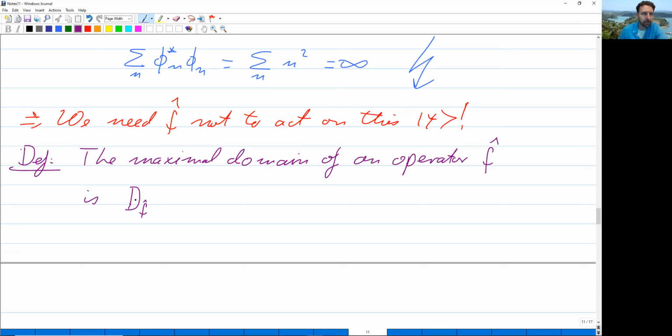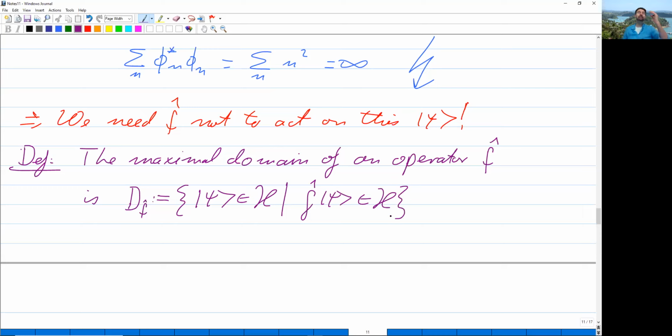It's the domain of our linear map f hat. And by domain, we mean the set of elements of the Hilbert space that f hat is allowed to act on. So the domain of f hat is the set of all vectors in the Hilbert space for which f hat psi is also in the Hilbert space.